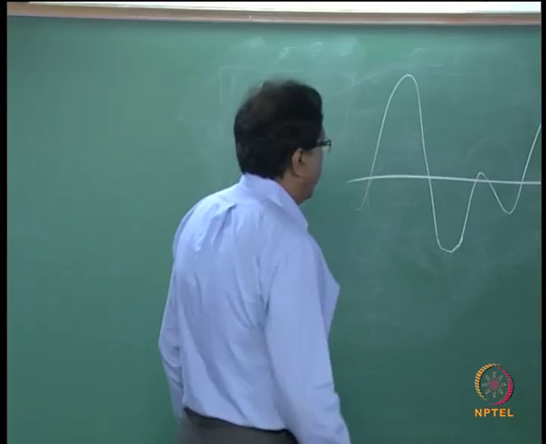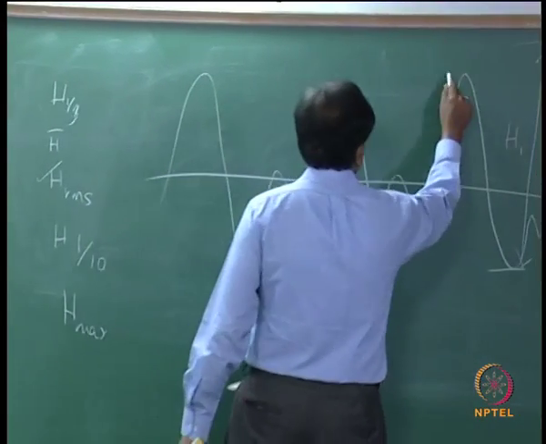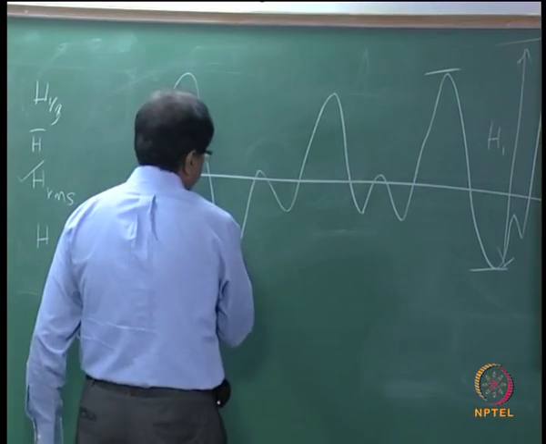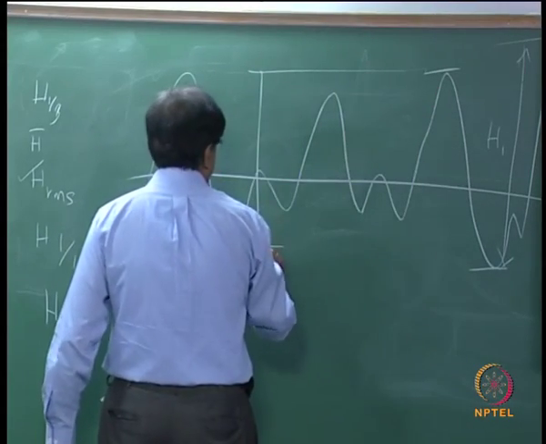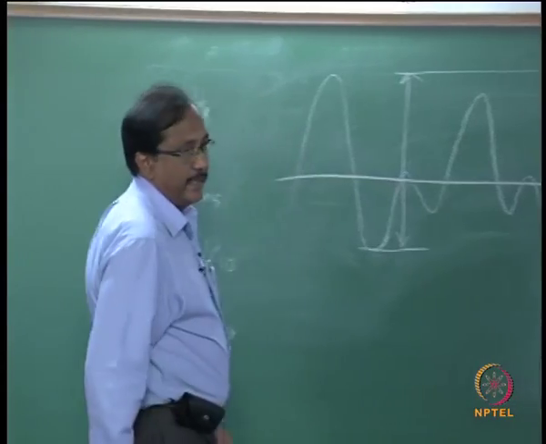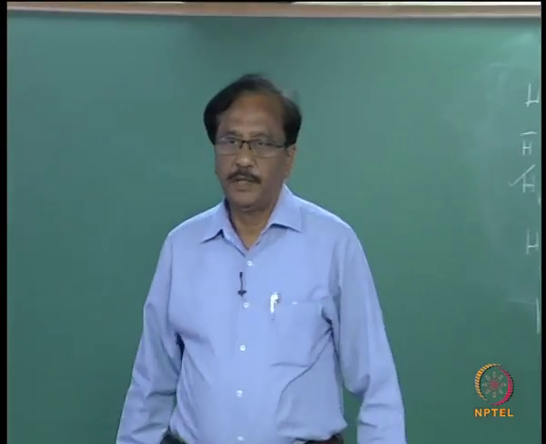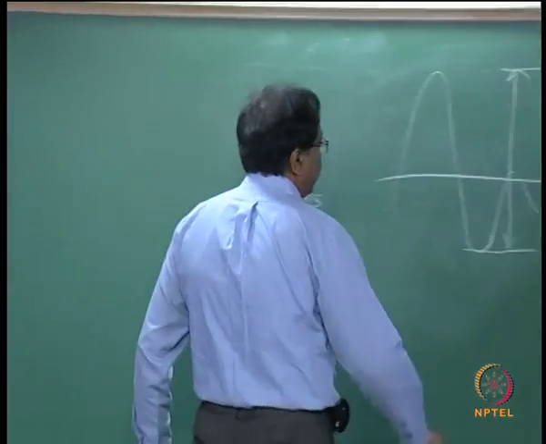and the second highest crest is this, and the second lowest trough is this. So obviously the distance between these two is your h2. So this will be your h2.